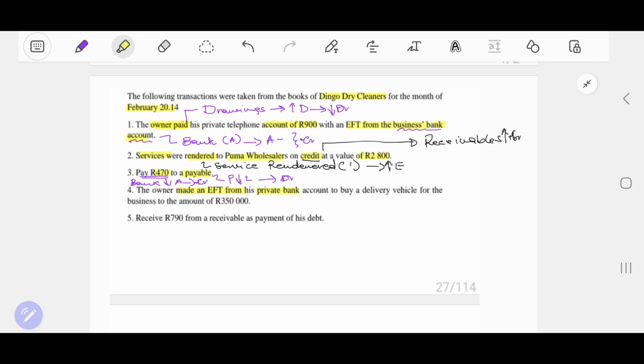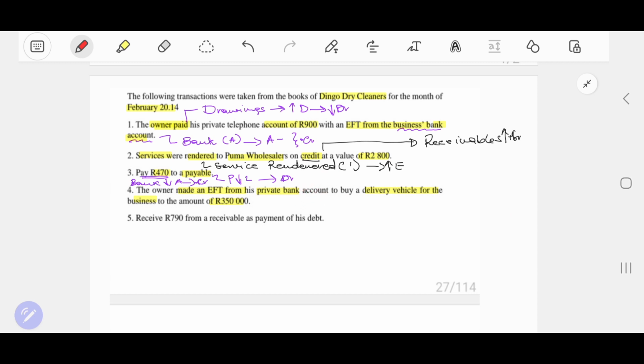So let's see from this transaction then. The owner made an EFT from his private bank account to buy a delivery vehicle. So what happened here? The owner invested 350,000 into the business. He invested this 350 by buying a vehicle. So how are we going to record this?